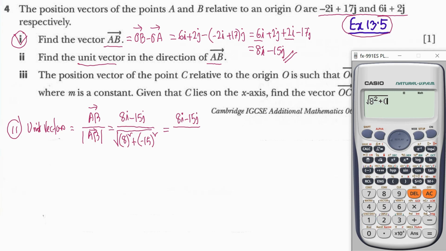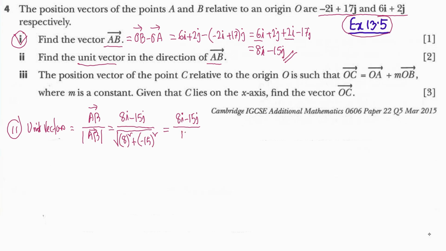It is written here as minus 15, but if I write 15 whole squared, you will get the same value. Let me check. The value given is 17. So now we can write individually 8 by 17 i, then minus 15 by 17 j. That is the answer of this question.